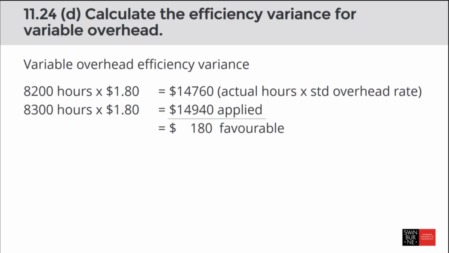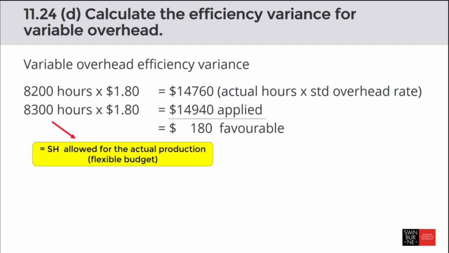The fourth requirement, D. Calculate the efficiency variance for variable overhead. To calculate the variable overhead efficiency variance, it is the same: budgeted compared to actual compared to applied. The actual hours are 8,200 times the standard overhead rate of 1.8. The applied one is 8,300 times 1.8, equal to 14,940. Because the actual one is less than what you applied, it is favorable.